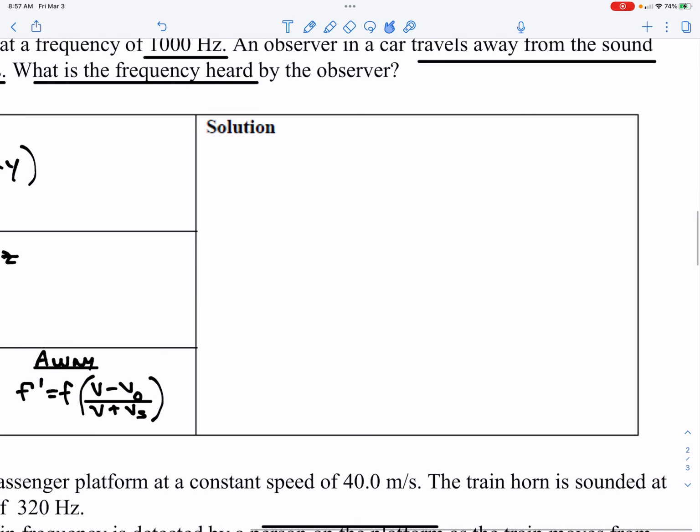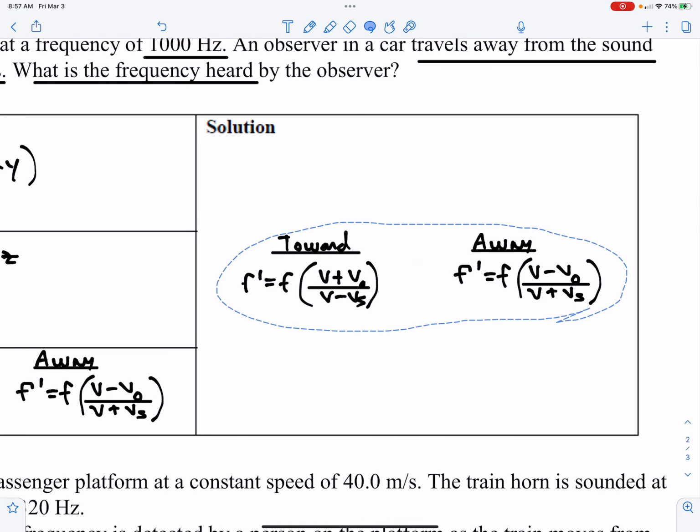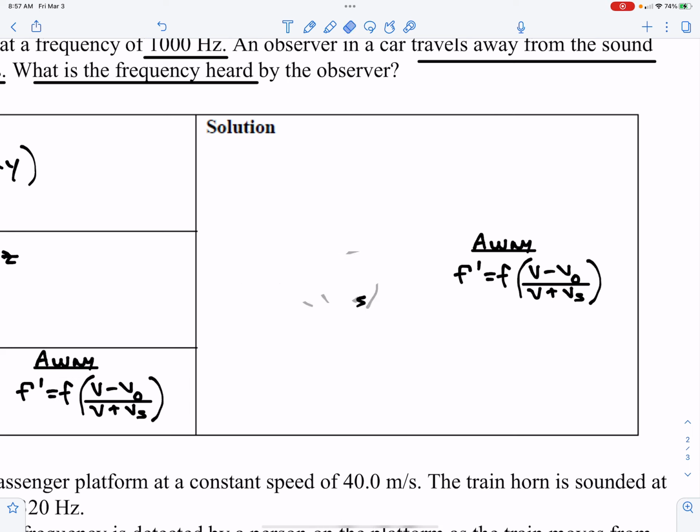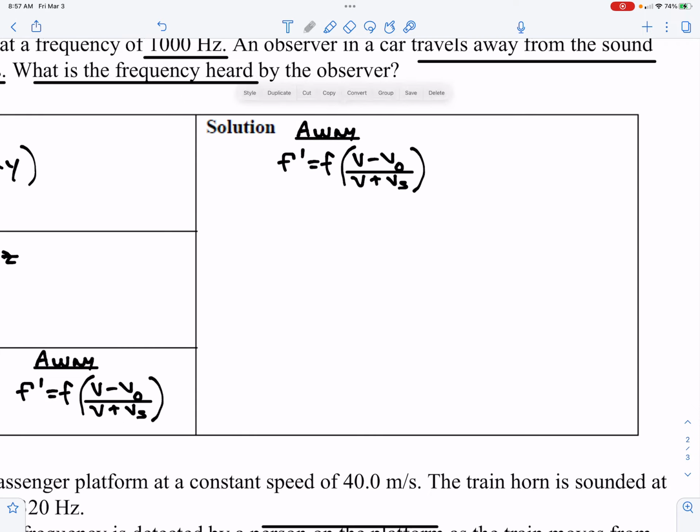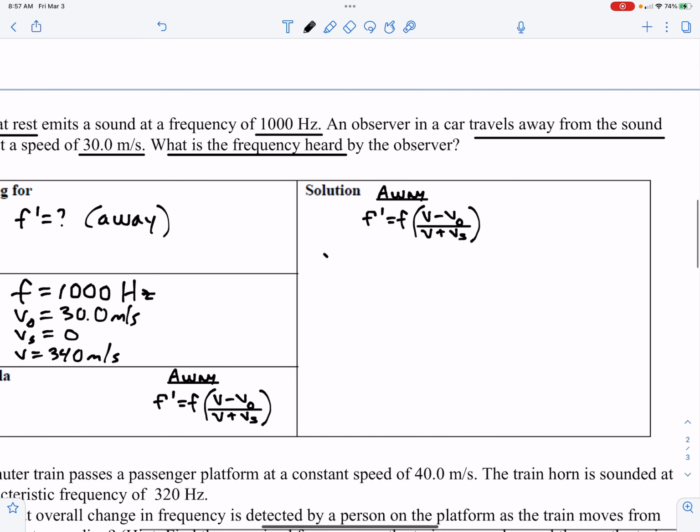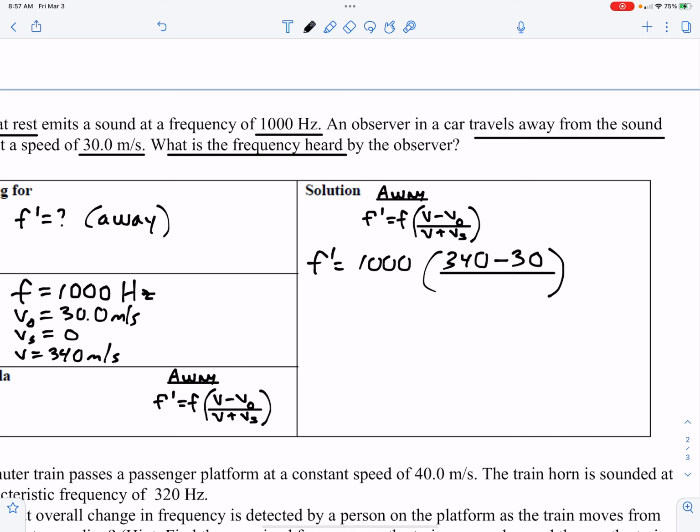And let's go ahead, we don't need to divide our box this time because we're only focused on the away portion of this. Okay, so plugging into that, the observed frequency is going to be 1,000 hertz times 340 minus 30, the observer speed is 30, over 340 plus 0.